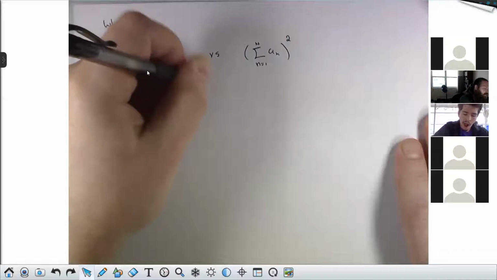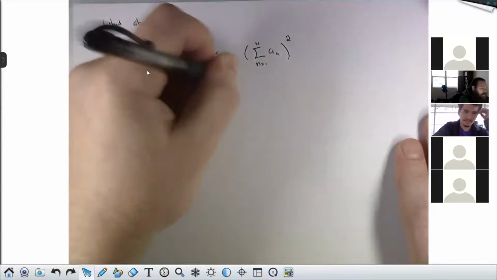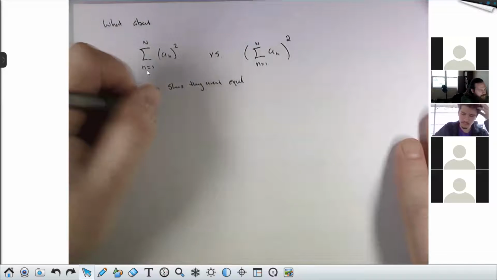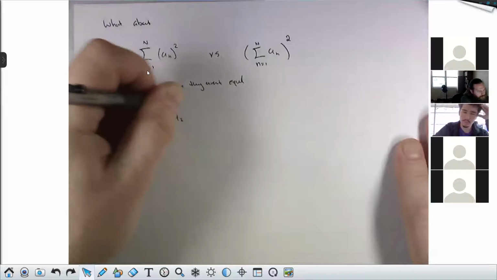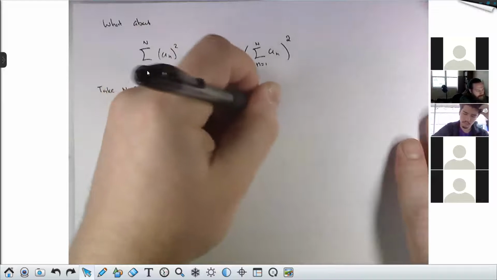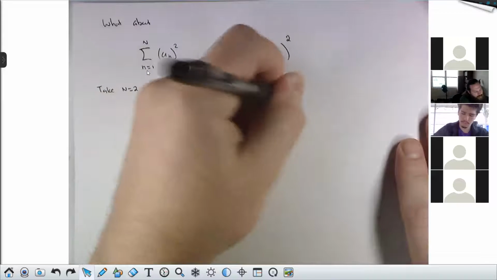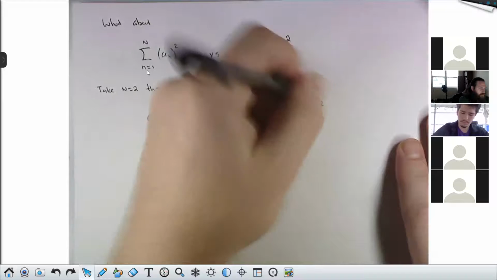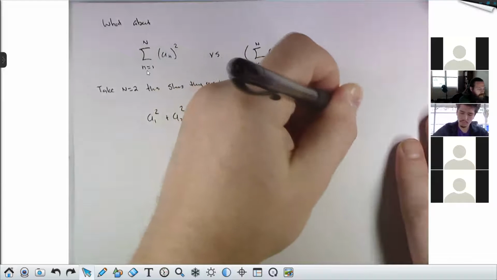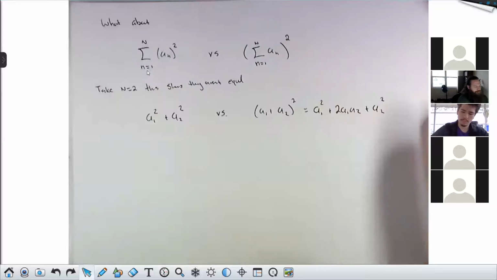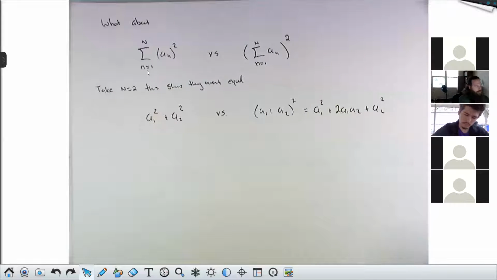It shows they aren't equal. Because over here, we would have a1 squared plus a2 squared. And over here, we would have a1 plus a2 squared, which is equal to a1 squared plus 2 a1 a2 plus a2 squared. So these are not equal.